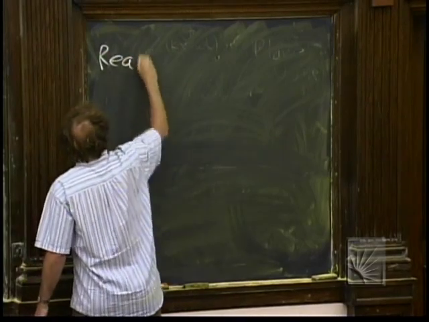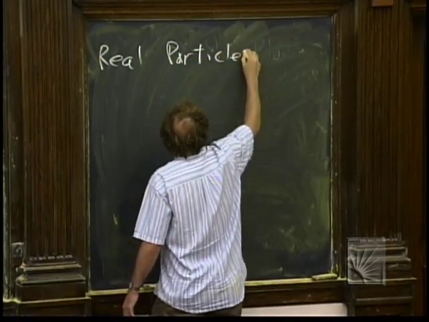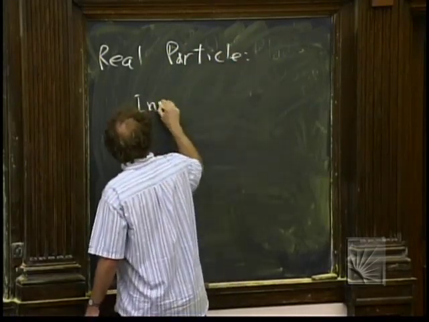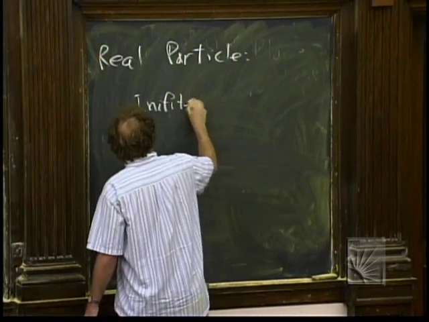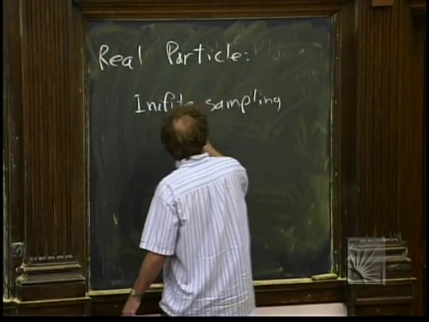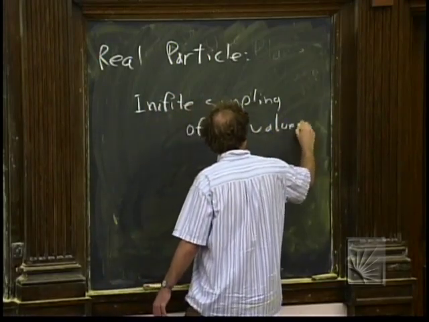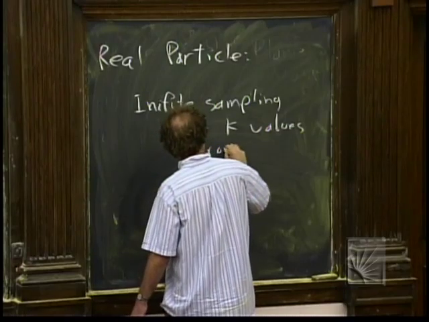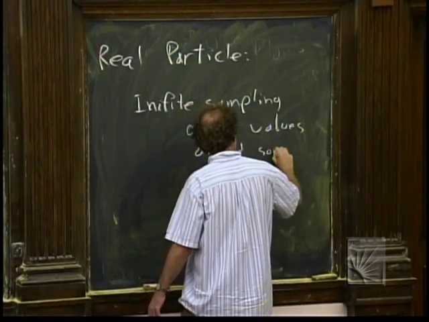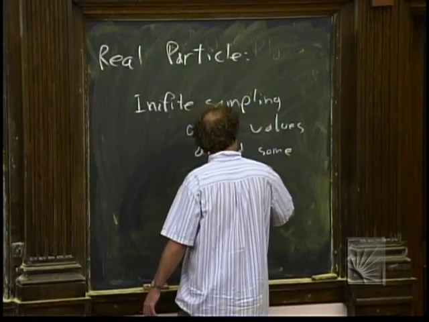A real particle has an infinite sampling of k values around some average k0.